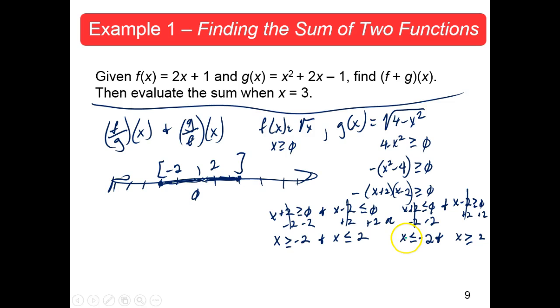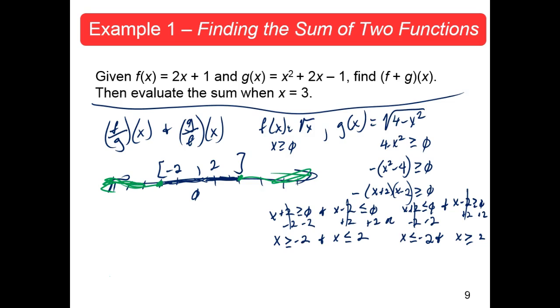So this is x less than or equal to negative 2. There's equal to negative 2. Less than is going to be that way. And there's x greater than or equal to positive 2. There's positive 2. Greater than is going to be that way. Is there any way those can both be true at the same time? No. You can't be less than negative 2 at the same time you're greater than positive 2, and that was an and.